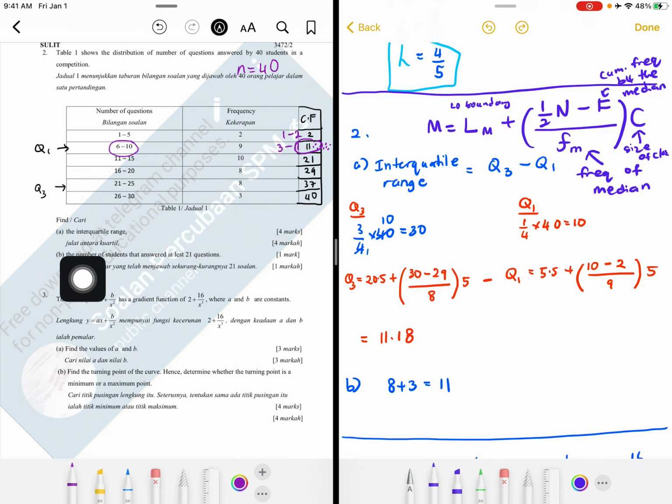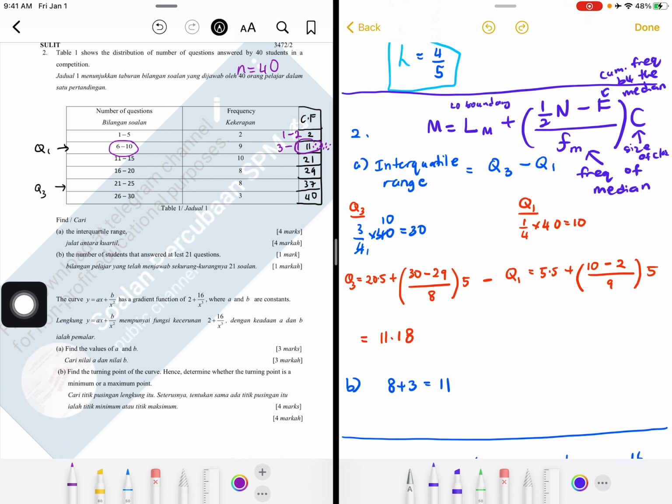Okay, untuk soalan B, the number of students that answered at least 21 questions. Okay, kita nak tengok. Kat sini, you have to understand the table itself. So, the number of questions kat sini, 1 hingga 5, ada 2 orang budak yang berjaya jawab. 6 to 10 ada 9 orang pelajar yang berjaya menjawab. So dalam soalan ni diminta at least 21 questions, sekurang-kurangnya.